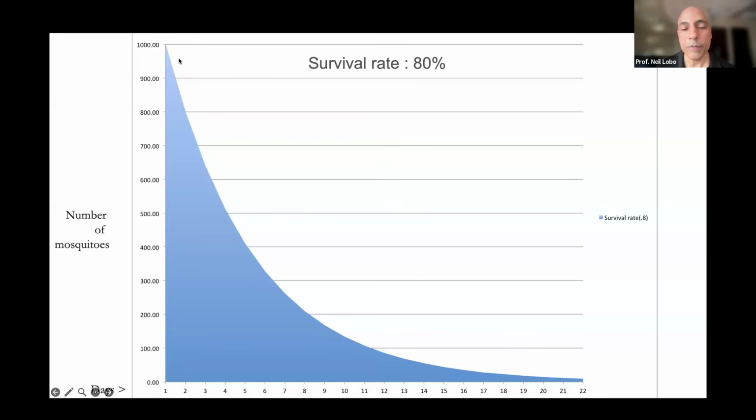Can I interrupt briefly? Of course. A number of the participants say that they can't see the slides that Neil is projecting. Can you think of a quick, obvious reason for that and how they can solve that problem? I think it might be the internet connection from their side, or maybe they can also choose the right tab. Make sure that you choose the tab with Prof Neil's screen.